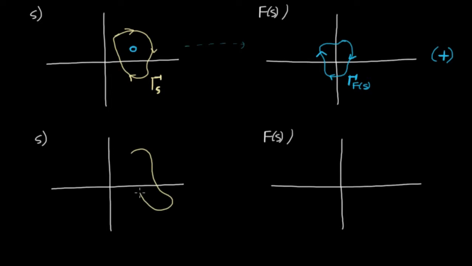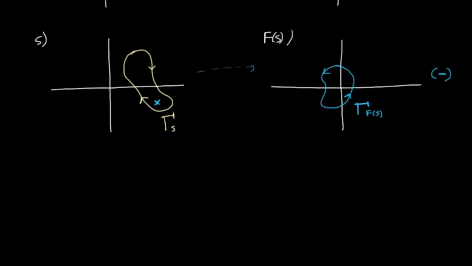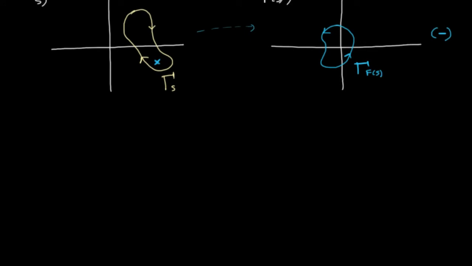Similarly, if what the input trajectory encompasses is a pole of f of s, then the image trajectory will also encircle the origin, but this time in the opposite direction. In this case, we talk about a negative encirclement. In general, the following relation is true.